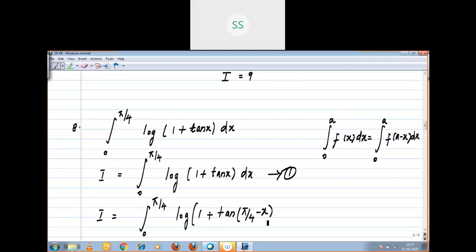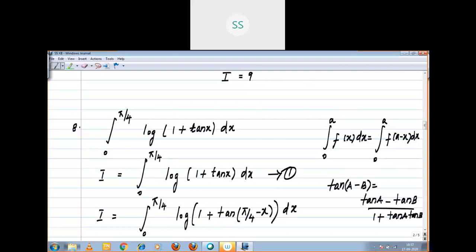Now, that property I am going to apply here. I is equal to integral 0 to pi by 4 log of 1 plus tan x dx. That is your equation 1. Then I equal to integral 0 to pi by 4 log of 1 plus tan of pi by 4 minus x into dx.